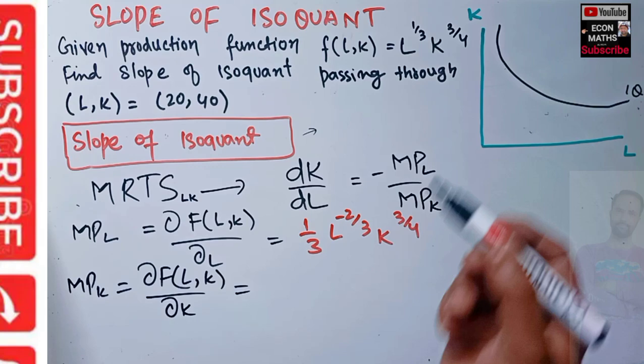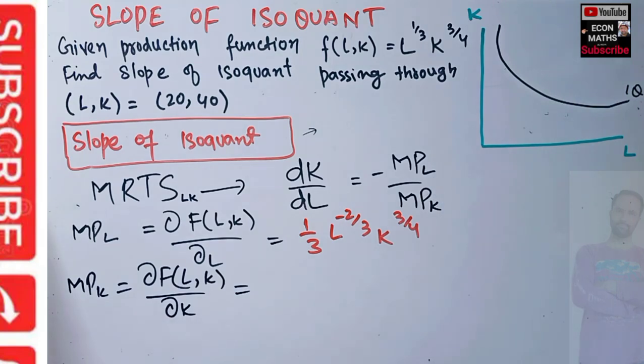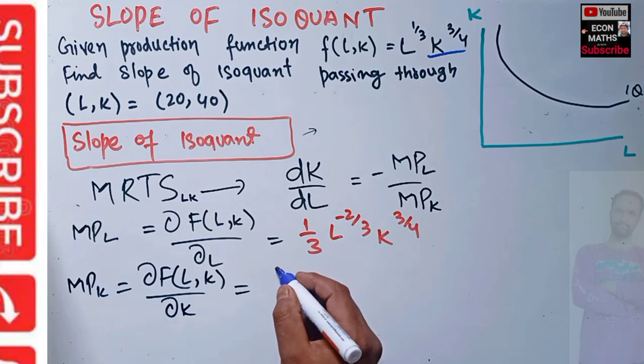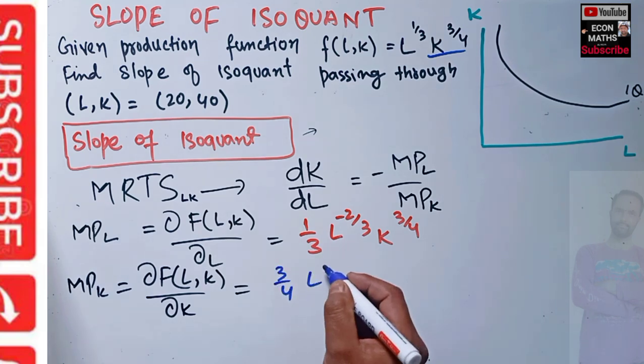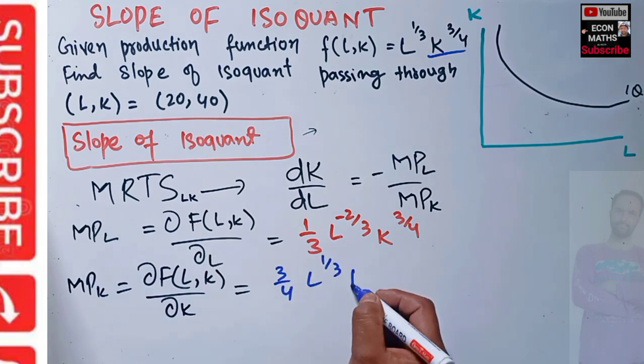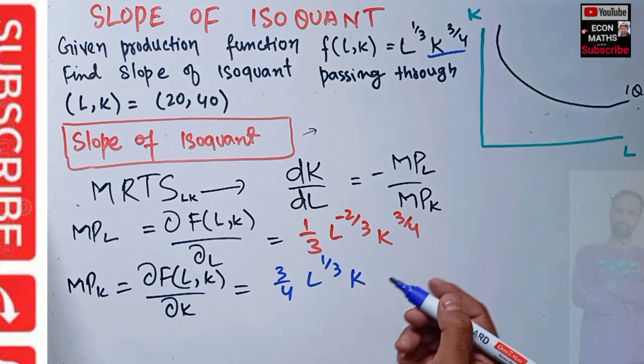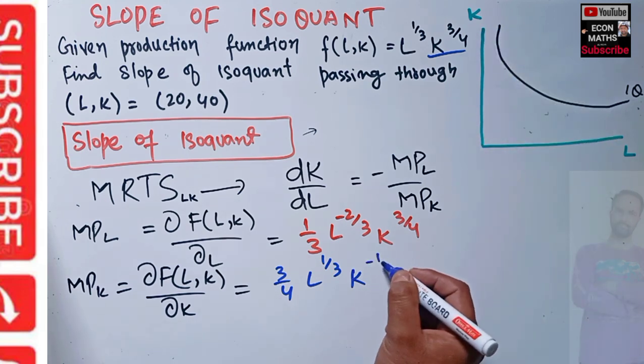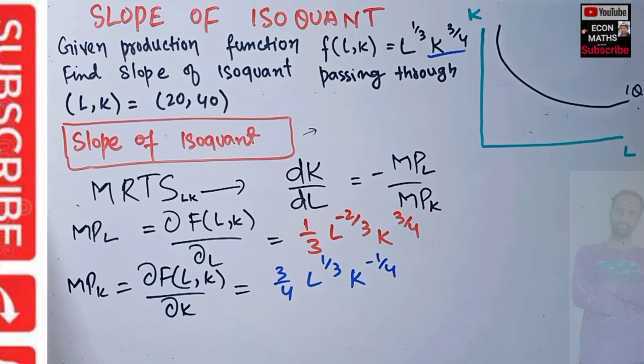Since we are taking the derivative with respect to K, 3/4 will become the coefficient. We have L to the power 1/3, K to the power 3/4 minus 1, which is minus 1/4.